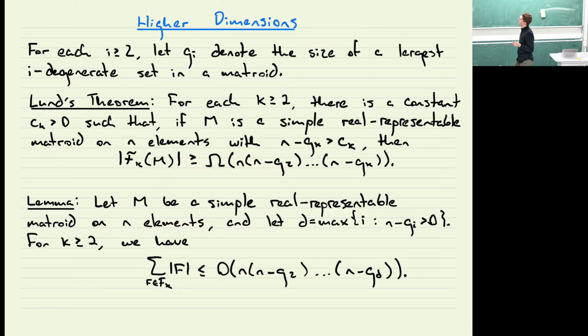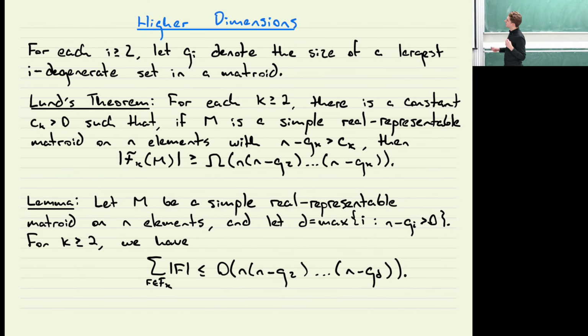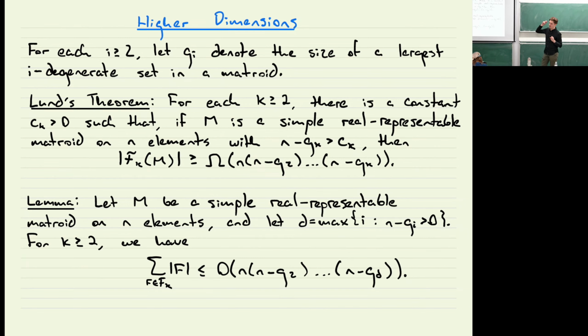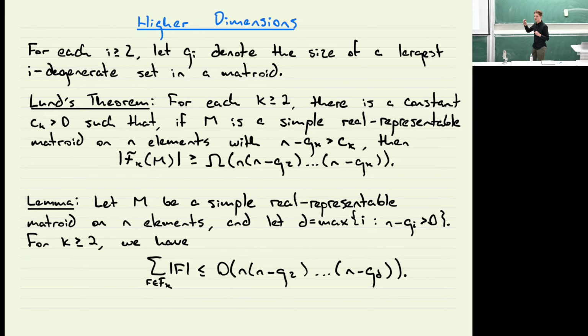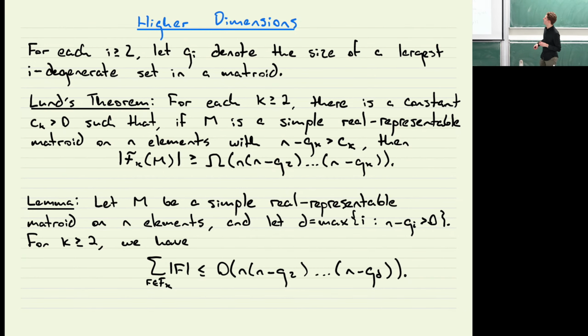Once you have these two results, this is not particularly difficult to obtain, but there are certain intricacies that are a bit hard for me to describe, especially since I'm hoping to wrap up in a few minutes. But at a very high level, you use Ben's theorem here to get a lower bound on the total number of flats.